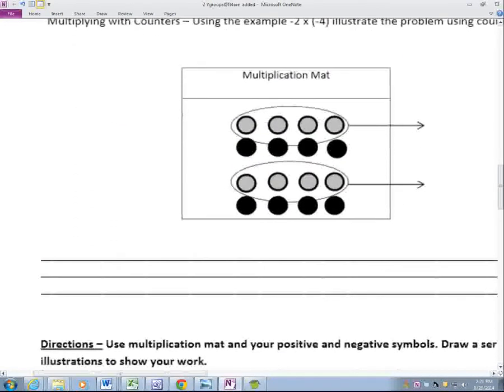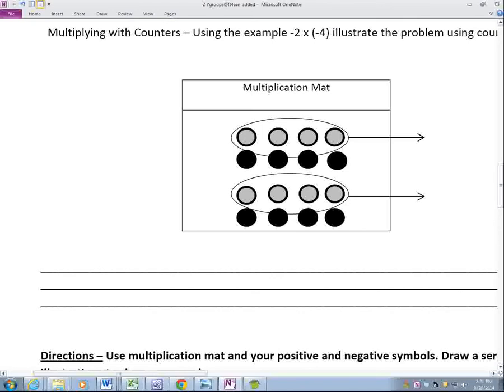Moving on. Multiplying with counters, using the example -2 times -4, and here's an illustration of that. Now, with the other one, we are adding 2 sets of whatever integers. But we're not adding something here because this isn't a positive integer. That's negative.